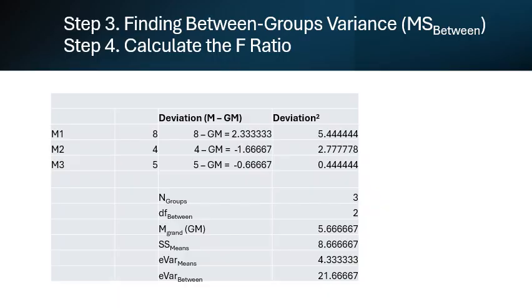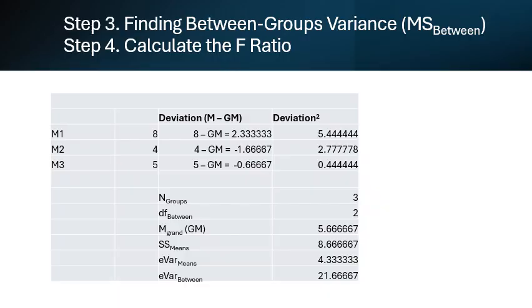5.6667. We calculate the sum of squares by taking each score and subtracting the grand mean, and then squaring it. And when we sum these squared deviations, we get our SS, our sum of squares, just like before. Our estimated variance is still as it was, SS divided by DF, and so that gives us our EVAR, which in this case is the EVAR for the means.